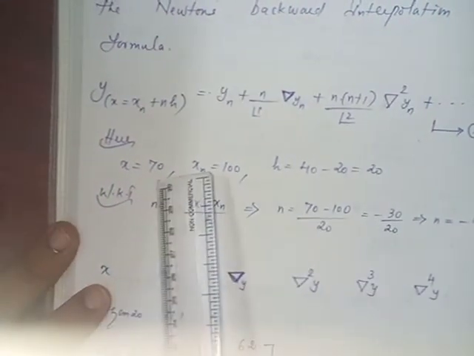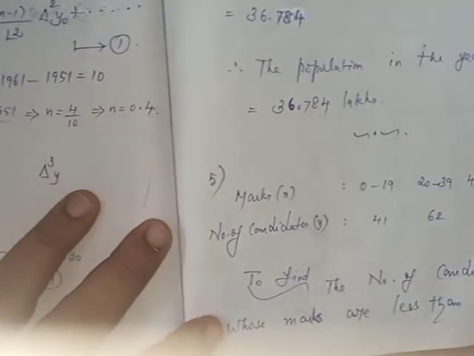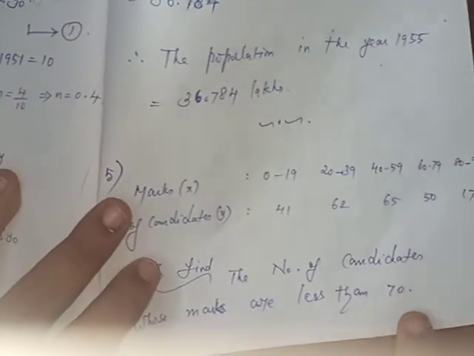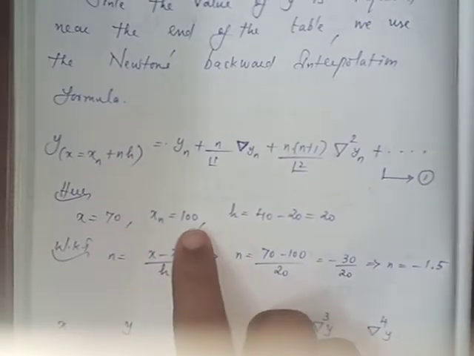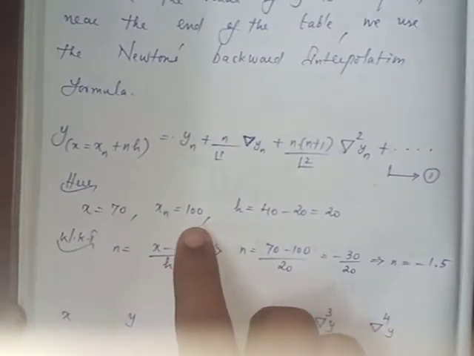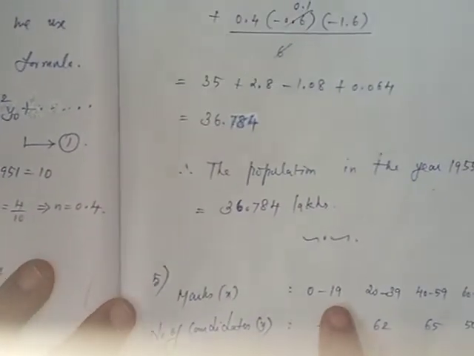Here x equals 70, because you are asked to find the number of candidates whose marks are less than 70. That 70 should be considered as the value of x. Here xn is equal to 100. How does it come? Here 0 to 19 is given.